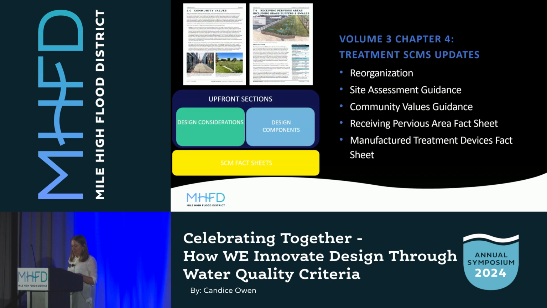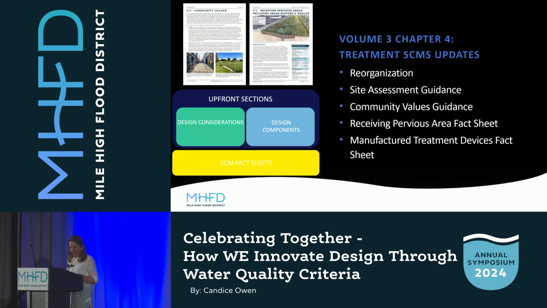Some highlights from the update include a reorganization that consolidates information on common components of SCMs, such as forebays and underdrains, into the upfront sections. It also includes guidance on how to assess the site for ability to use infiltration SCMs, and a discussion on how to incorporate community values.